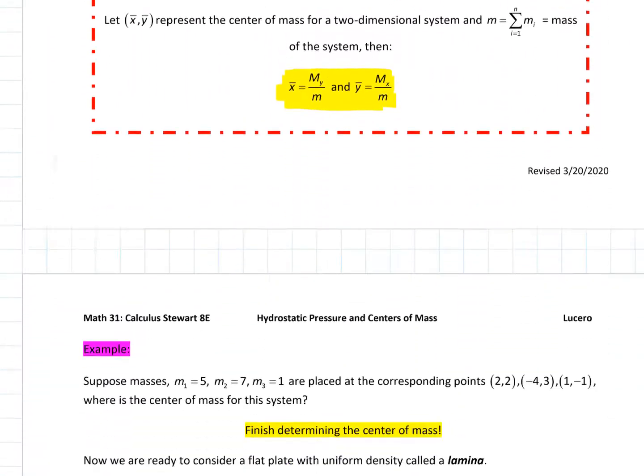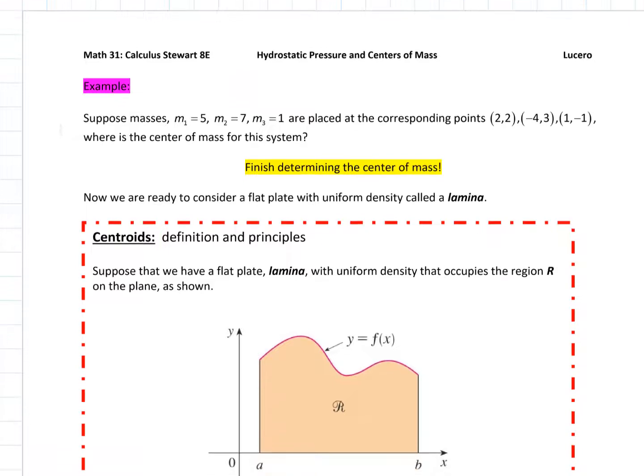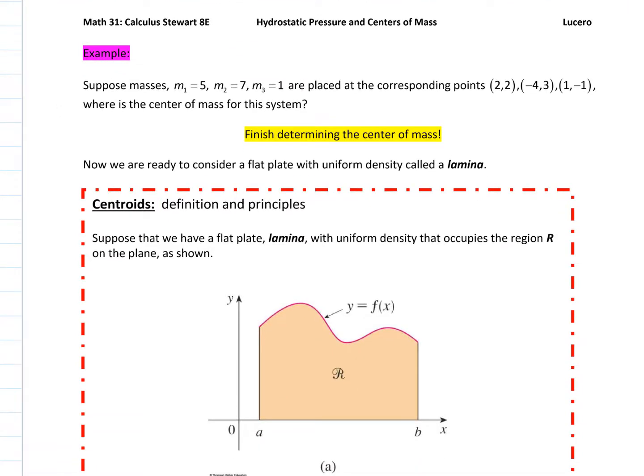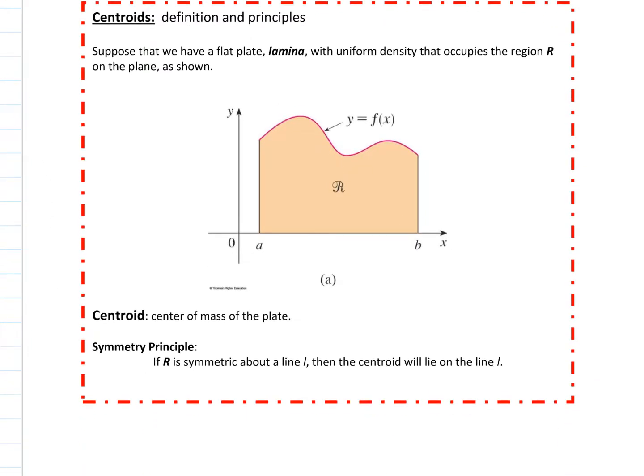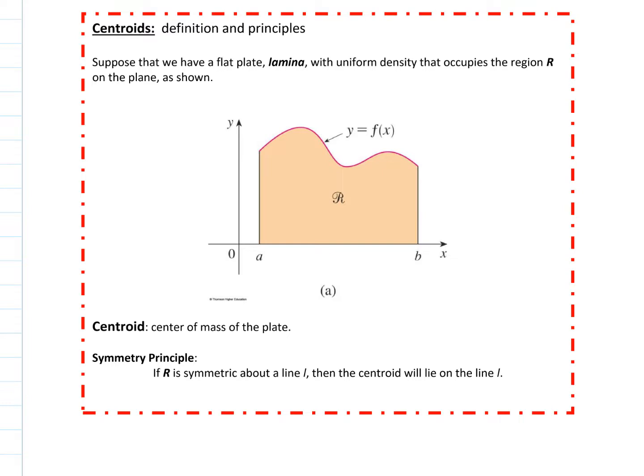So I'm going to skip this simple example and jump right into looking at some actual regions where we'll need some calculus. So let's go to what's called a lamina. If we have a flat plate, we call it a lamina. It has uniform density. We are going to be specific about that in this case.